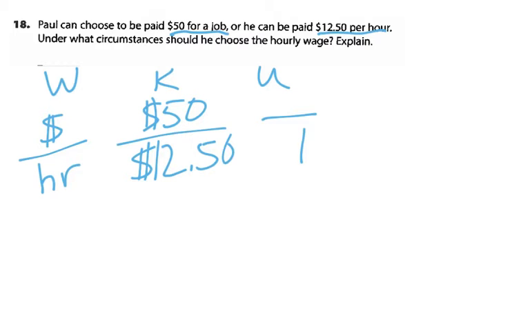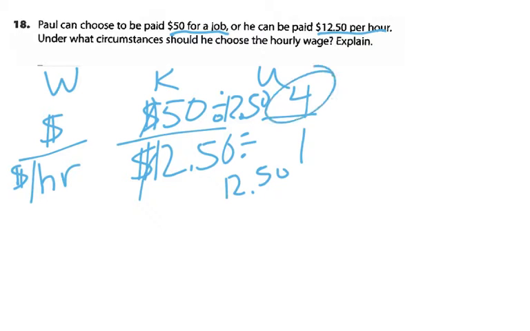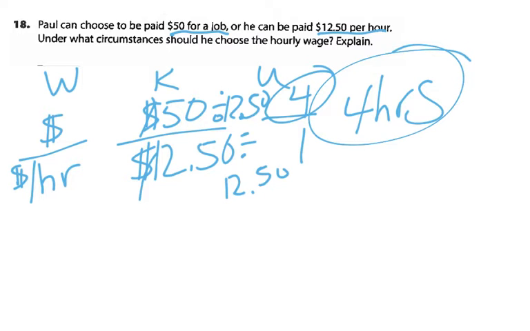So I'm going to divide by 12.50. When I do that, my dollar signs, this is actually dollars per hour, my dollar signs actually cancel out and I'm just left with hours. Okay, and so he actually will have to work 4 hours to make $50 at $12.50 an hour.